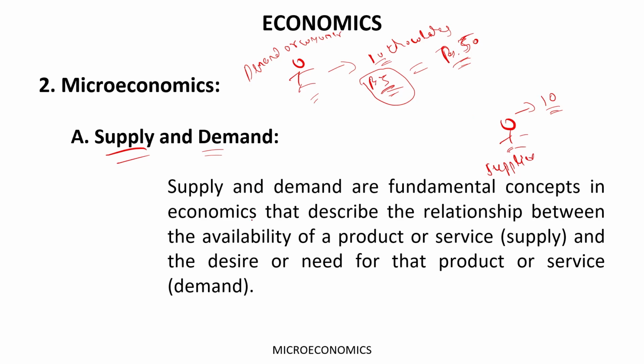So these are the fundamental concepts in economics. They describe the relationship between the availability of a product or service and the desire or need for that product or service. So it is the demand and supply phenomenon.